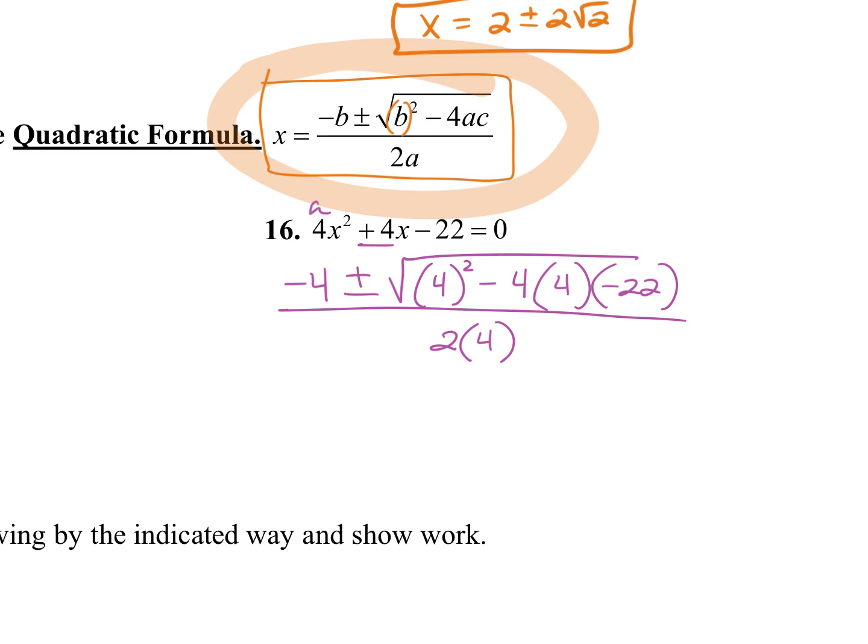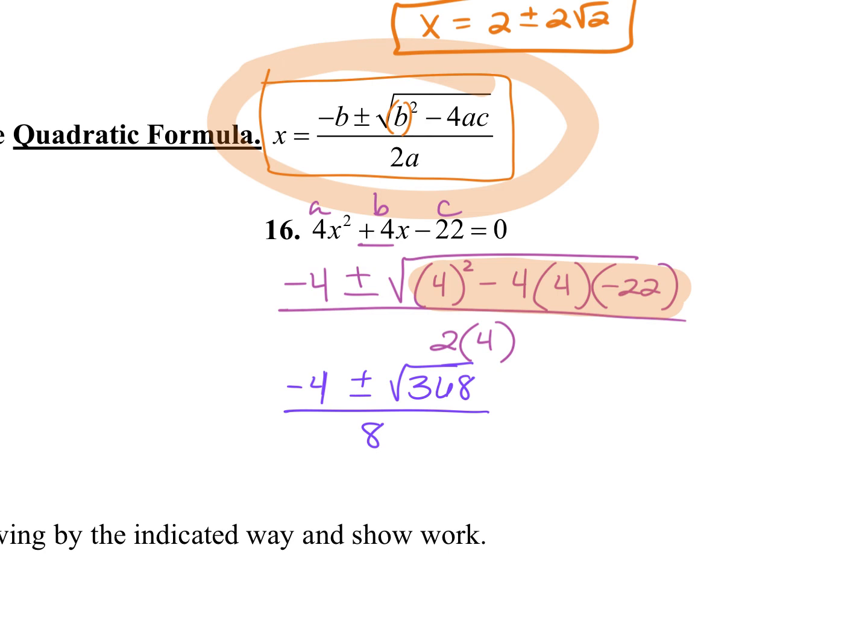There's a whole lot of 4s in there, right? A, B, and C. Okay, so plug this into your calculator. What'd you get? We got 368. So it's negative 4 plus or minus the square root of 368 over 8.